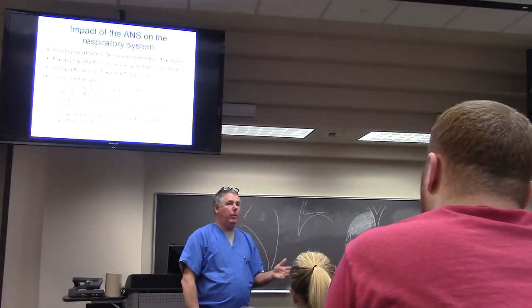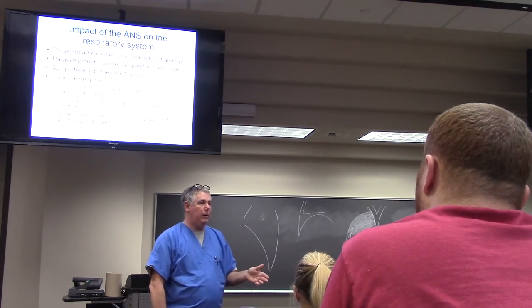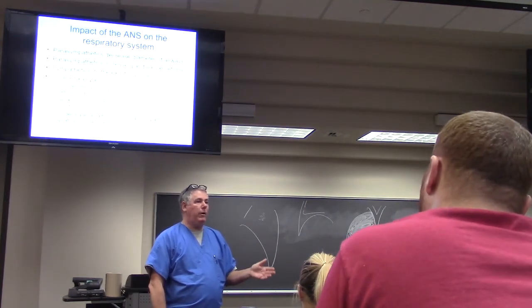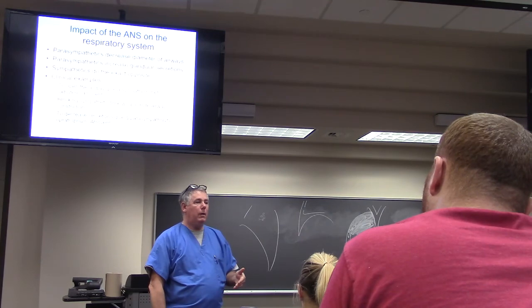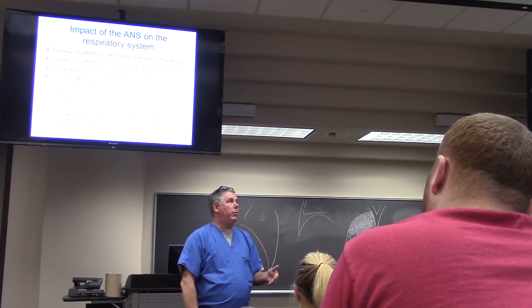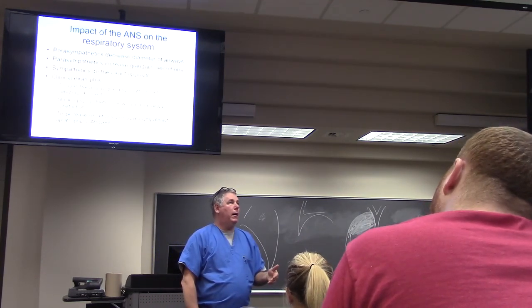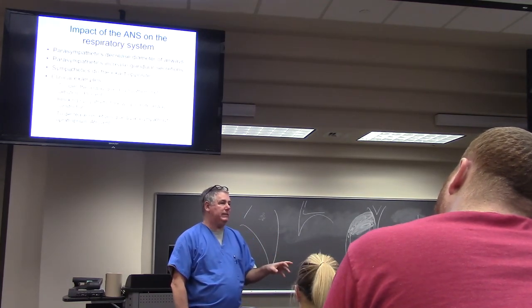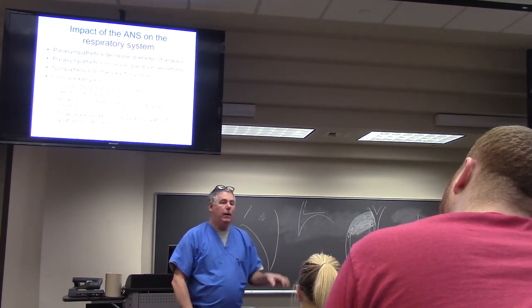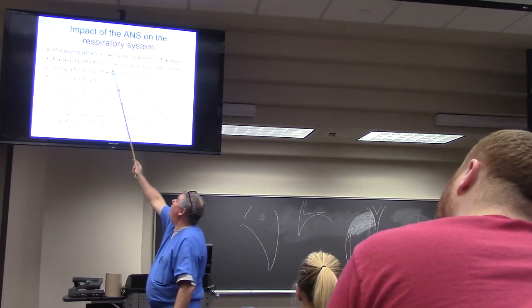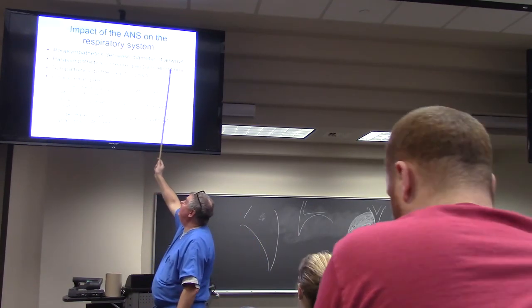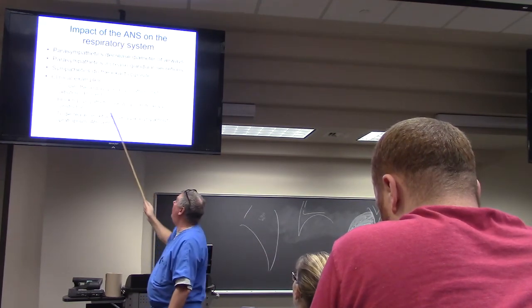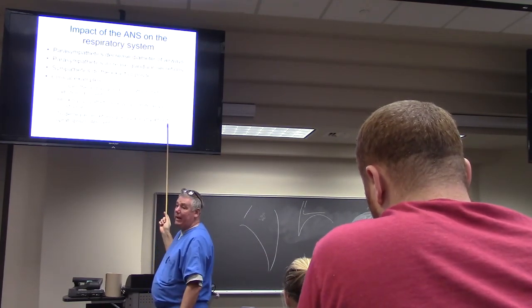But that's only half the problem in asthma. The other problem is mucus plugging, the amount of mucus that you secrete. You want to dry them up. So what I'm going to do is block the parasympathetics. If the parasympathetics increase glandular secretions, if I block them, I'll decrease glandular secretions. That's called a parasympatholytic.